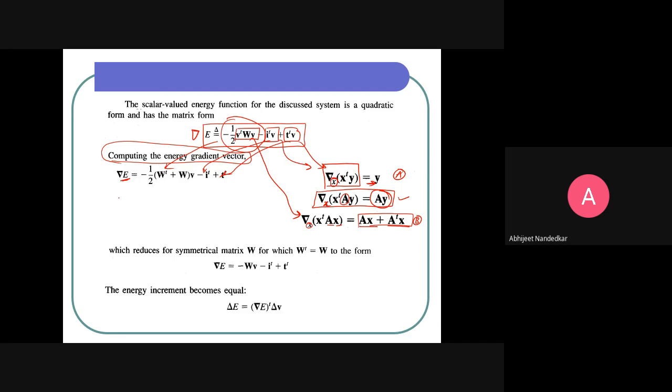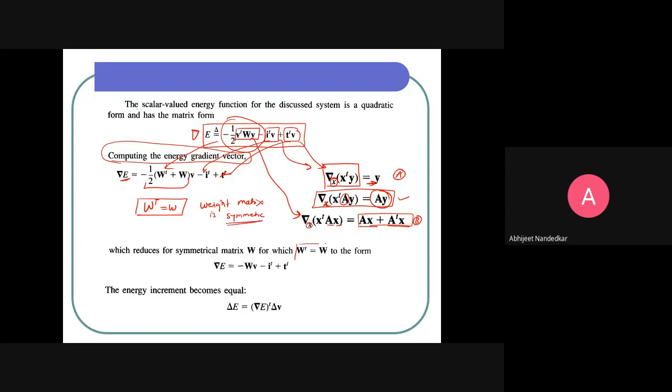Now when I put in this equation W transpose equal to W, what it means is I assume that the weight matrix is symmetric. Okay, the weight matrix is symmetric.